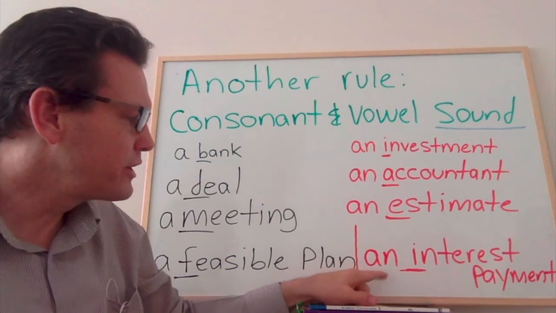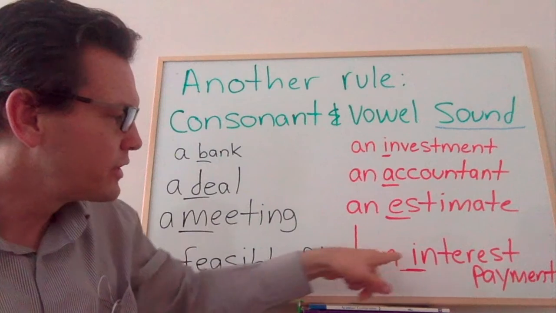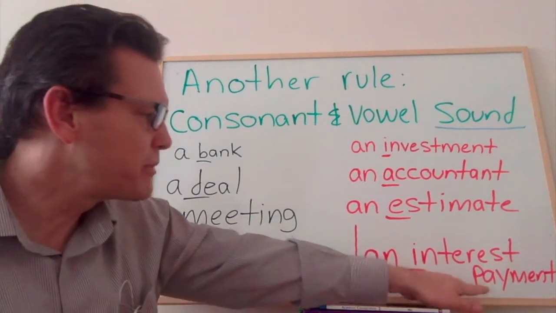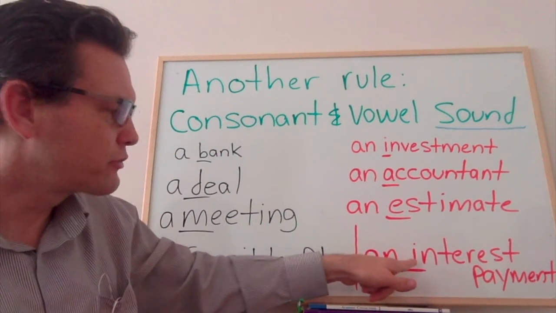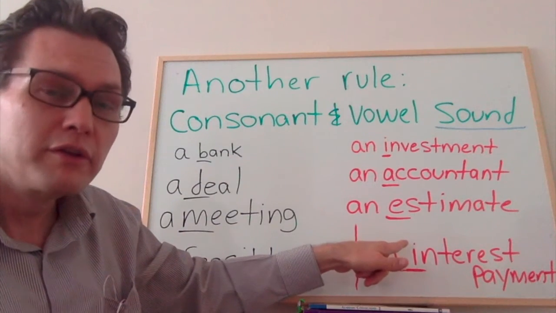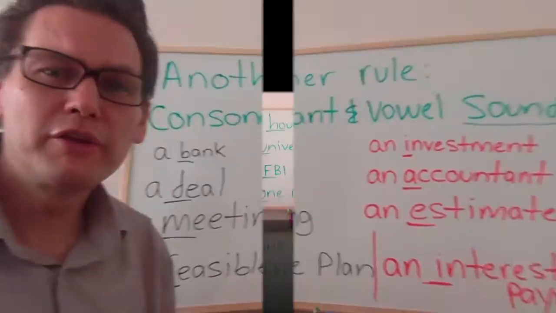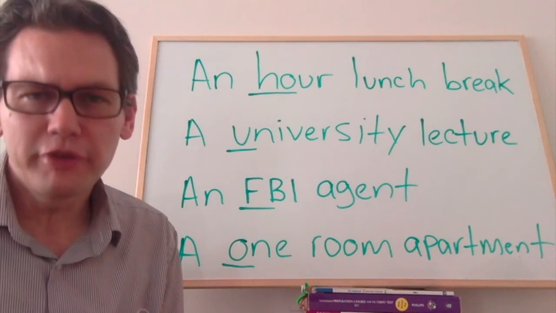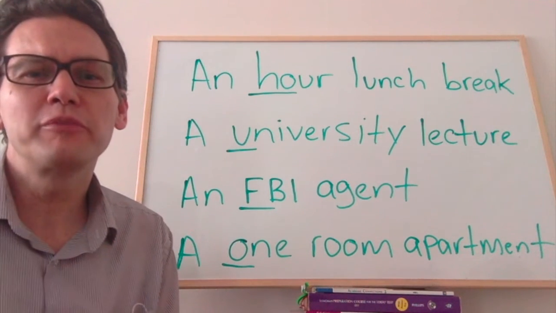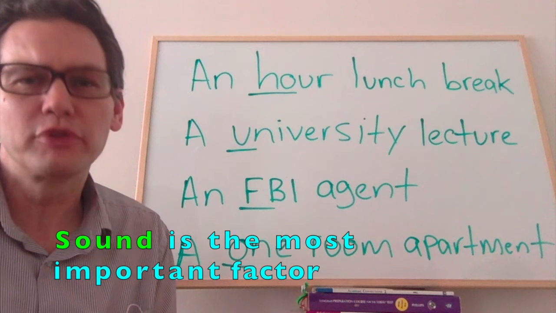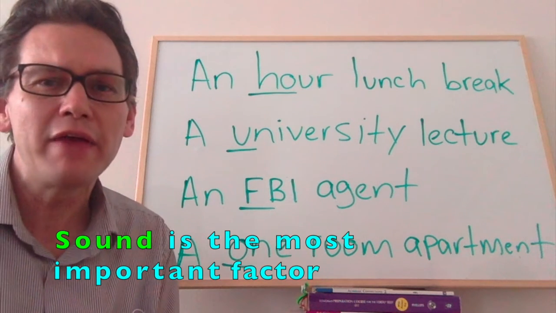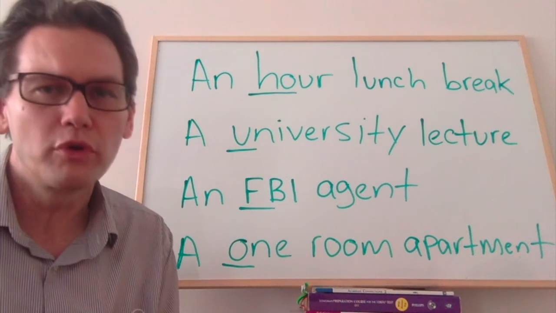And again, down here, I use another adjective here, an interest payment. I starts with an I, and it sounds like an I, so we use an. Okay, let's look at some more examples here. Remember, sound is the most important factor for determining if you will use a or an before a word.